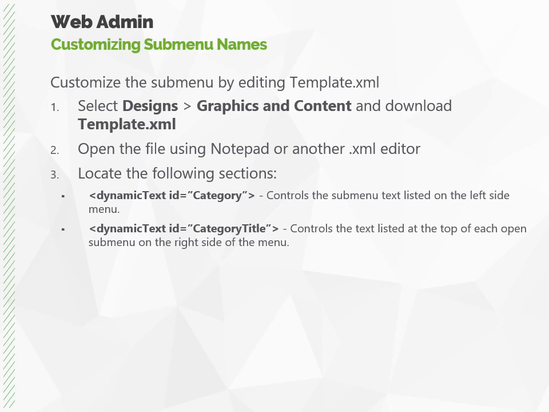Locate the Dynamic Text ID category and the Dynamic Text ID category title. The Dynamic Text ID category controls the submenu text on the left side of the menu, and the Dynamic Text ID category title controls the text listed at the top of each open submenu on the right side of the menu.